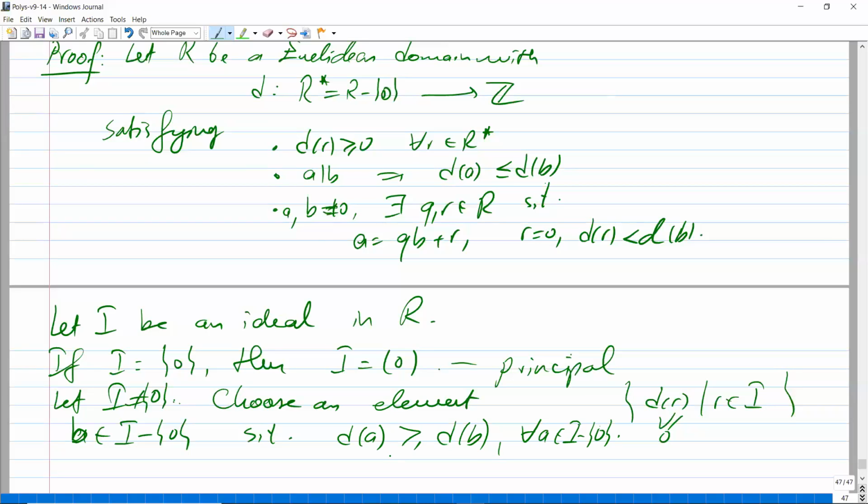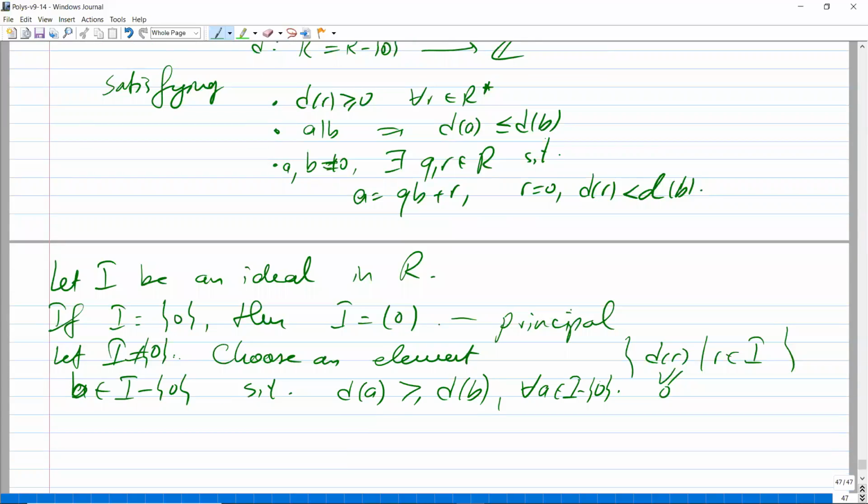Okay? Choose the smallest element, mapping to the smallest integer.